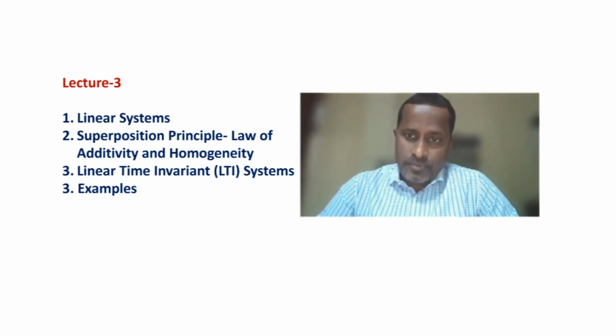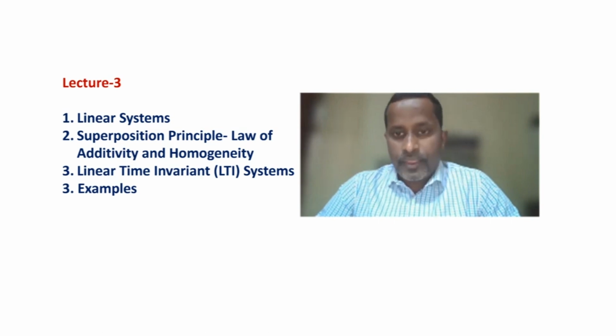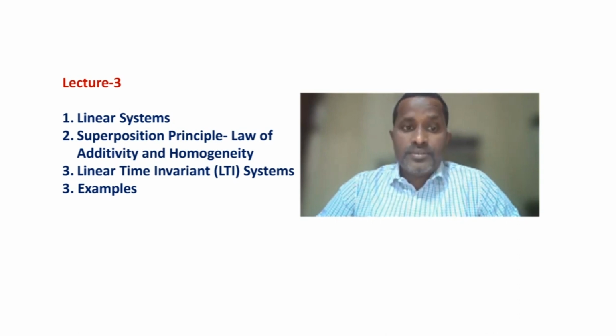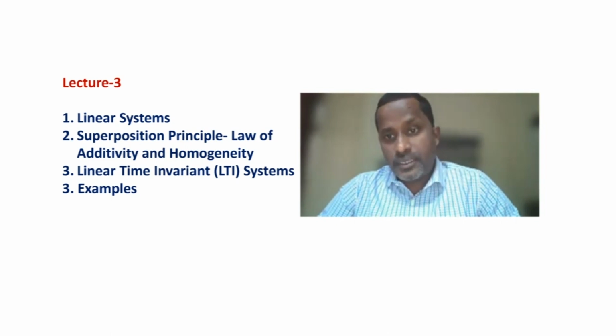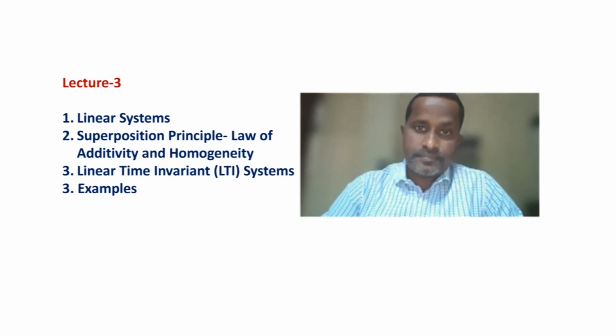Once the system follows both the rules, then we can say the system is linear. And also we have to check whether the system is time invariant or not. Once the system is time invariant and linear, then we can say the system is a linear time invariant system. We'll have some examples to validate these properties, then we'll conclude the lecture.